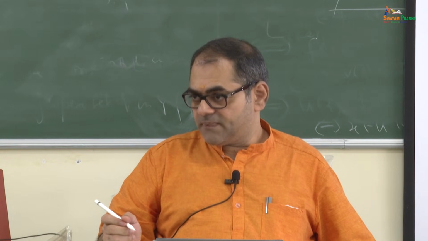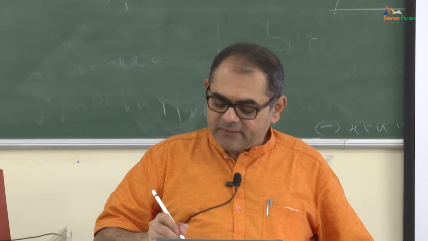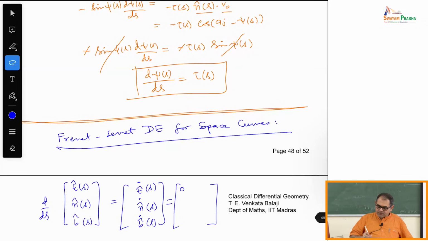Mutually orthogonal vectors are linearly independent, and in fact they are even unit vectors. So in this case you will get this very nice thing: 0, minus ks, ks, 0. You see this matrix is the same matrix as in the plane curve case, and it is a skew symmetric 2 by 2 matrix.